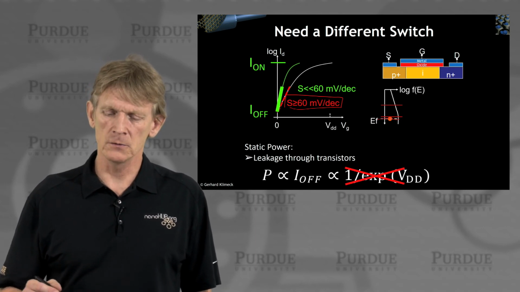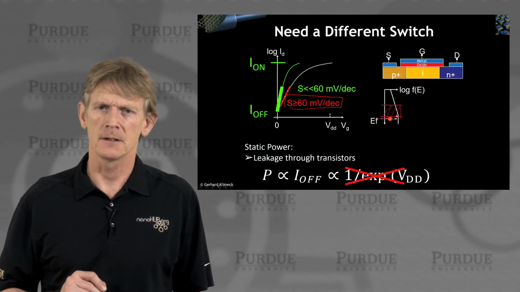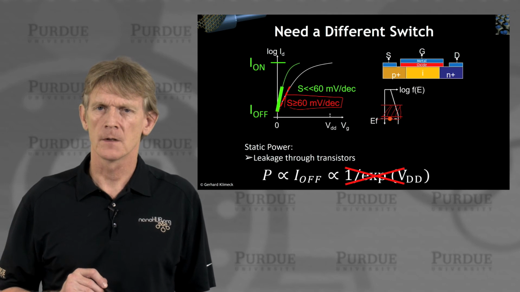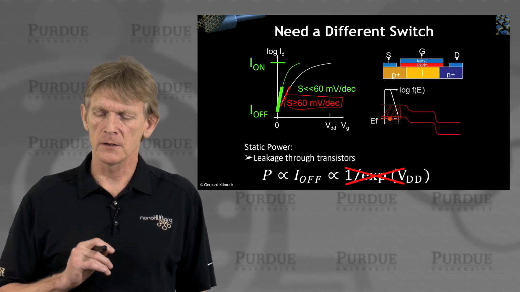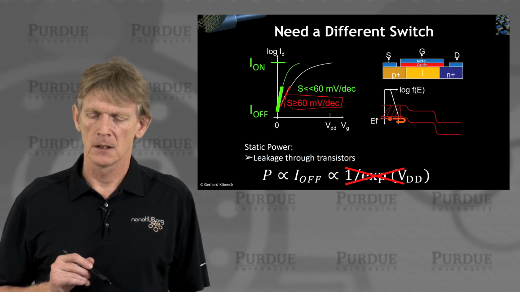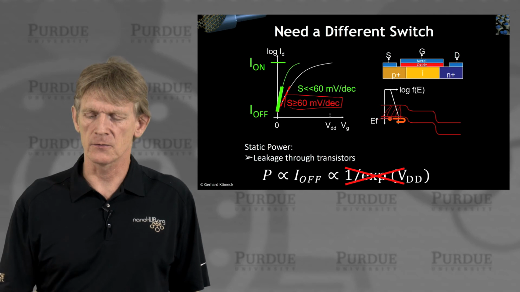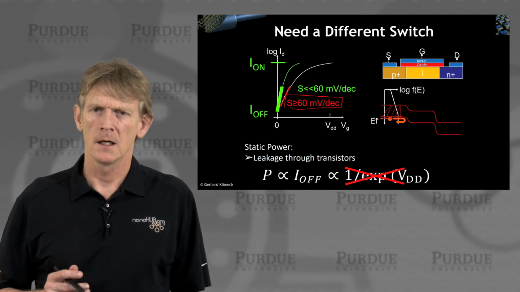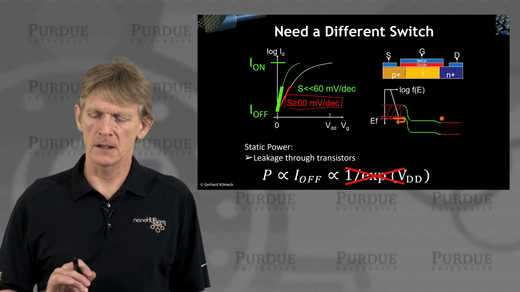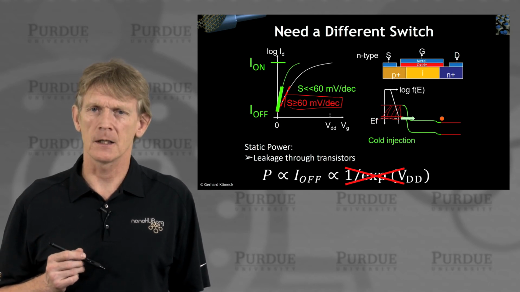So what if you could prevent electrons to be here? What if you could put a band gap here? Okay? And what if you put a band gap into the channel like this, where in the off state, electrons cannot make it through all the way? And what if you then have another way where you can have a gate that pushes this band gap down?